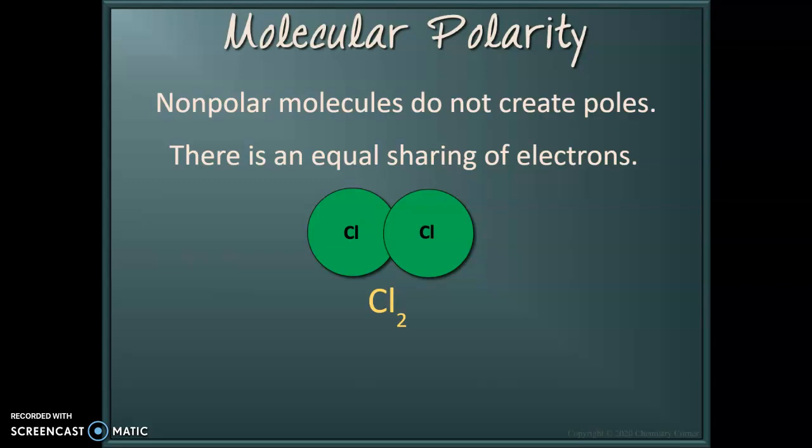So one chlorine atom is not going to be more electronegative than the other. They're the same element. And because there's not a difference in those electronegativities, then there's going to be an equal sharing of the electrons. So that would be a nonpolar molecule. So it's nonpolar if the electrons are equally shared.